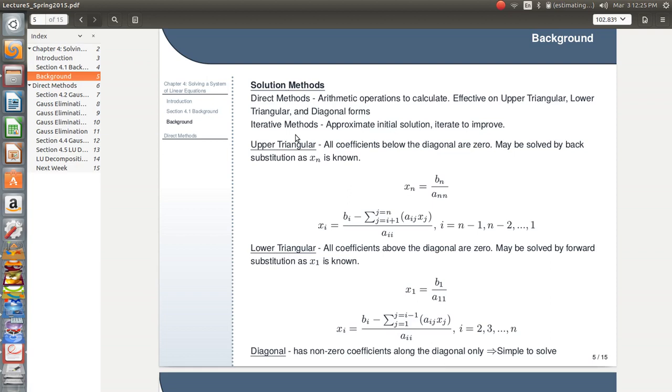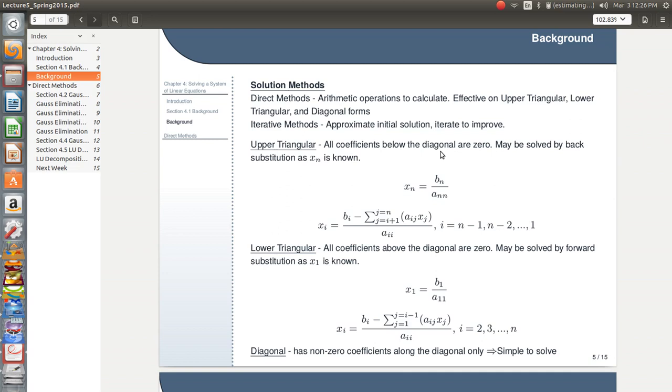So, let's talk about some of the direct methods first. The direct methods always try to get our problem into one of these three formats. An upper triangular is a format where all the coefficients below the diagonal on our A matrix are 0.